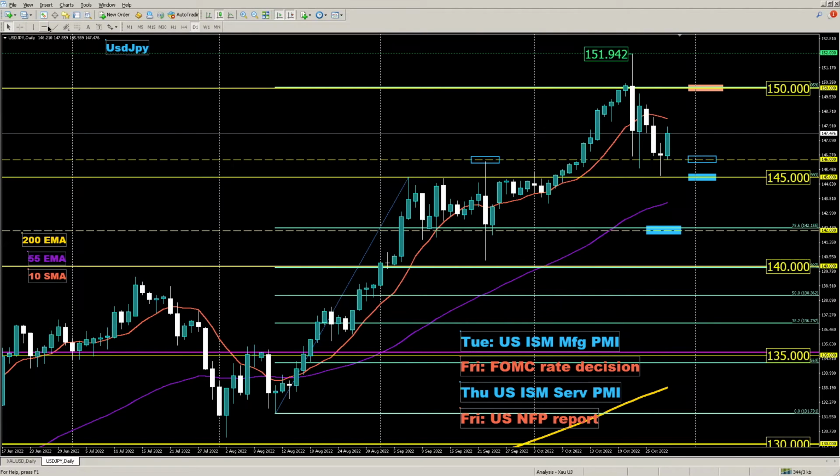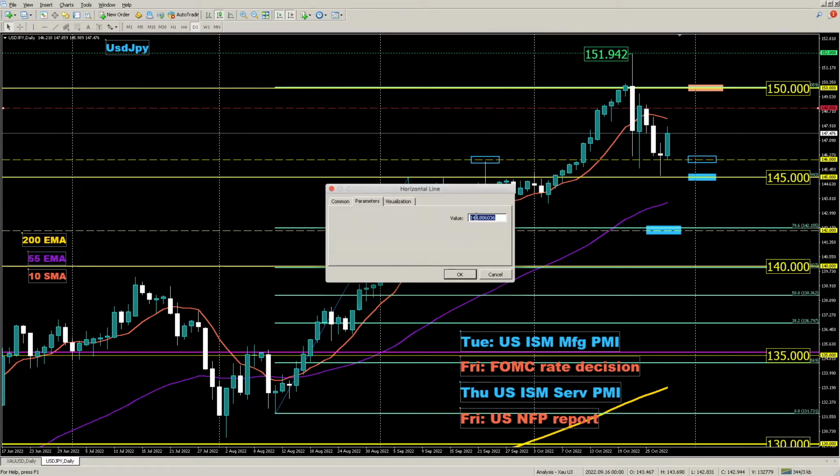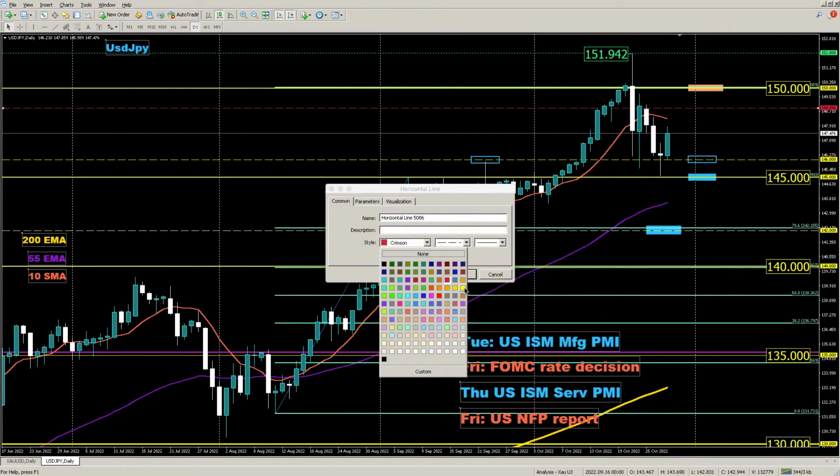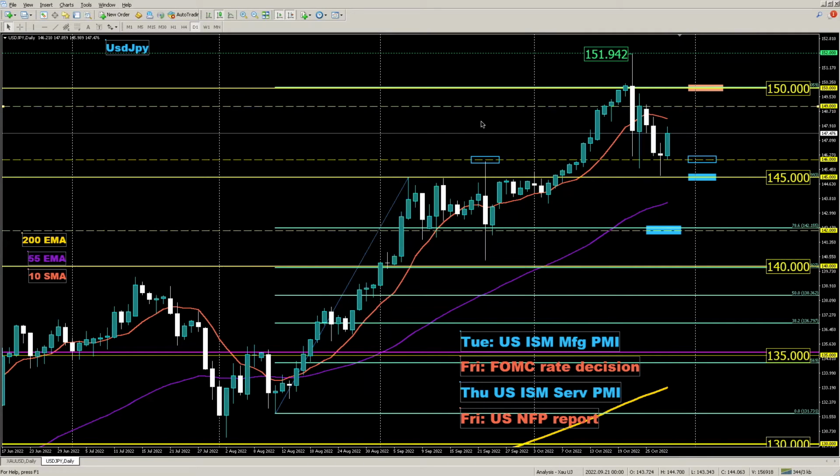And perhaps I'll add in a 149, yes, that's likely the upper limit here between the 146 and the 149. Let's add this to the 149 zone.